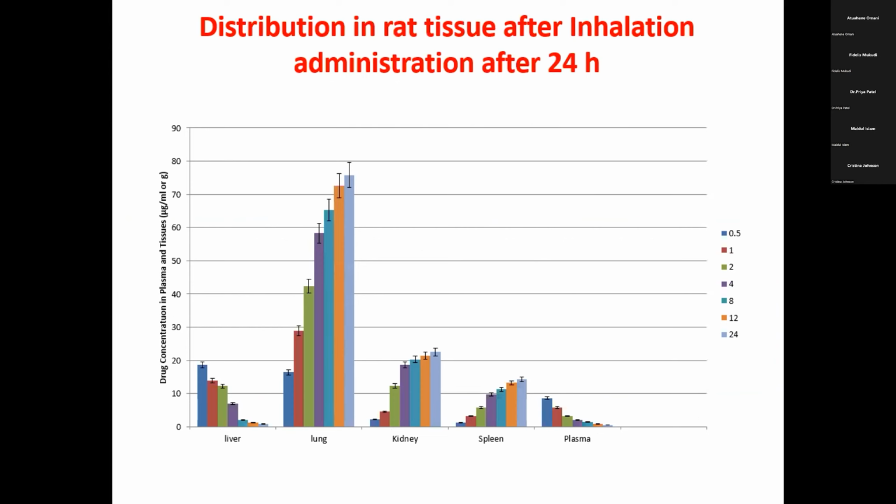The same is witnessed by the tissue distribution study in rats after inhalation administration. After 24 hours, it shows the maximum drug concentration is present in the lung rather than in other organs, followed by kidney, liver, as well as spleen.